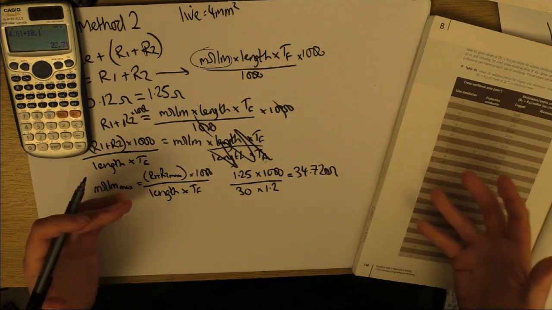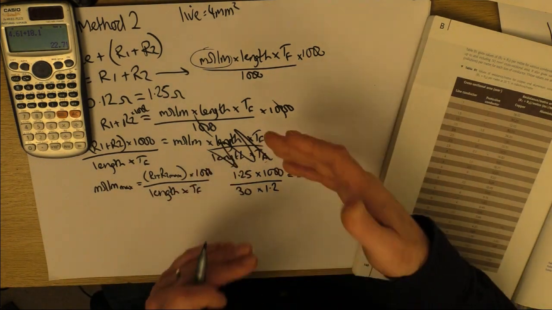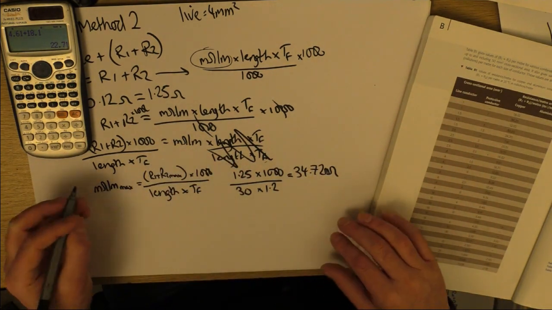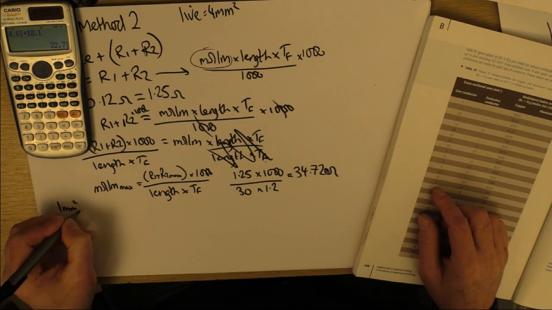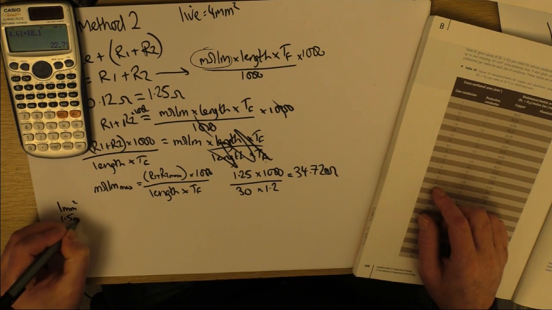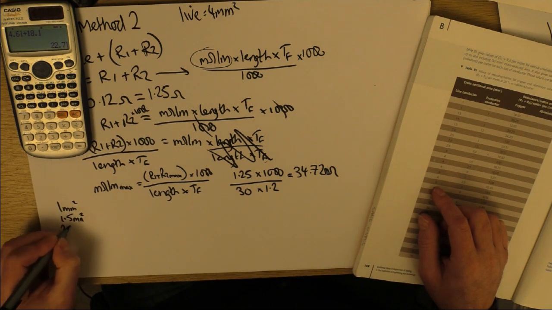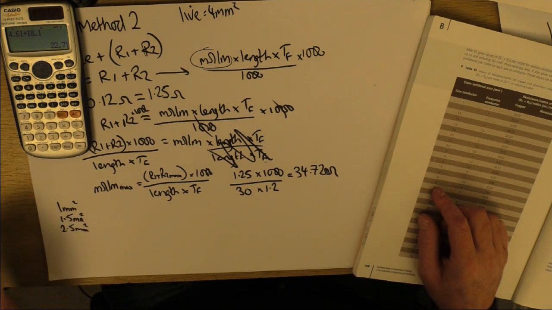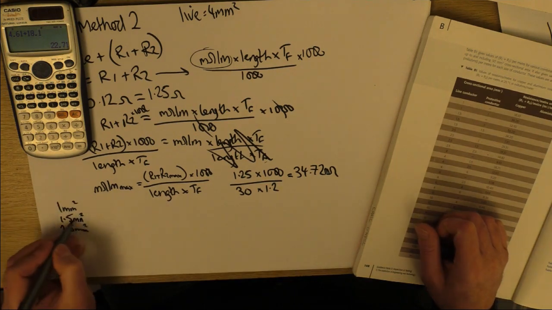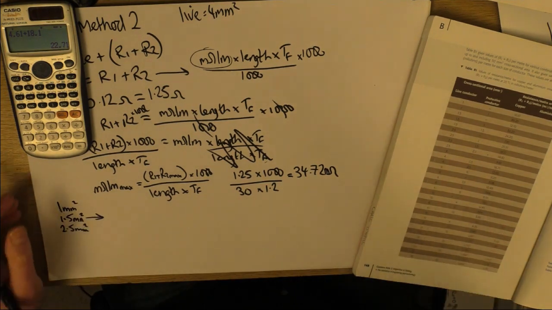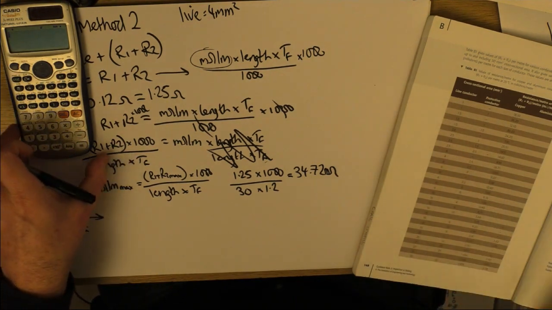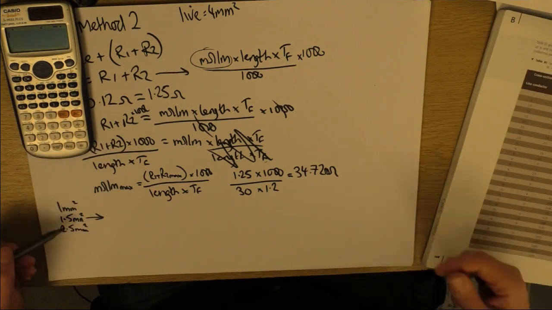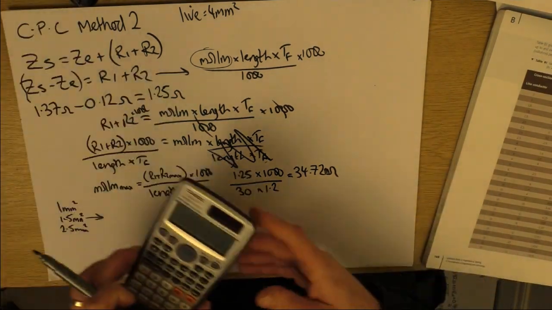But that's how we could choose a C.P.C using it in a different kind of way. So at the moment we're saying 1 mil would work, 1.5 would work, 2.5, all of them would work really. I think I'm going to go for 1.5, but as I said, value engineering and all that jazz, probably get shot if you went for 1.5, so be careful.